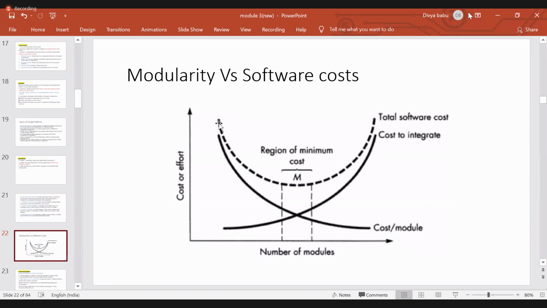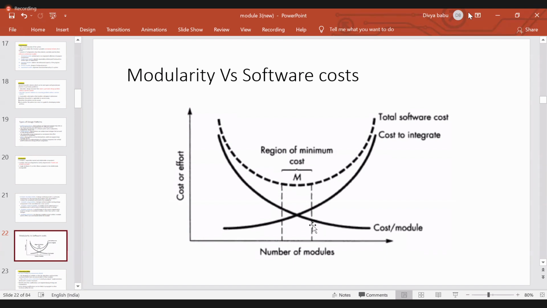So if you plot the values, you will get a hyperbolic curve like this, and you take the middle of that. In this area, at this point, the cost per module and cost to integration, both are less.